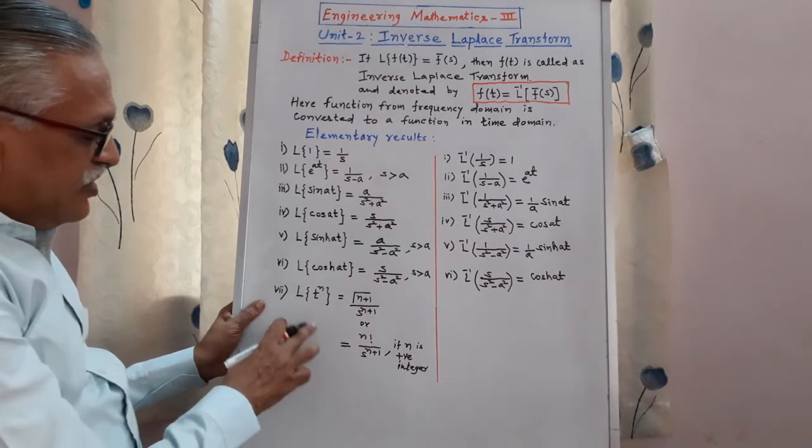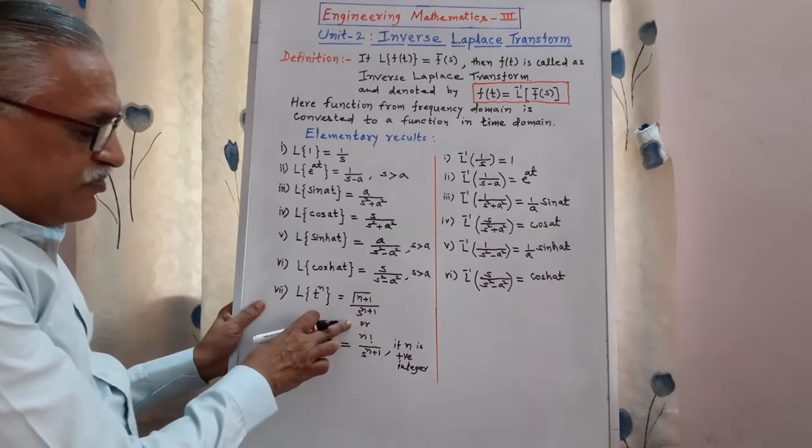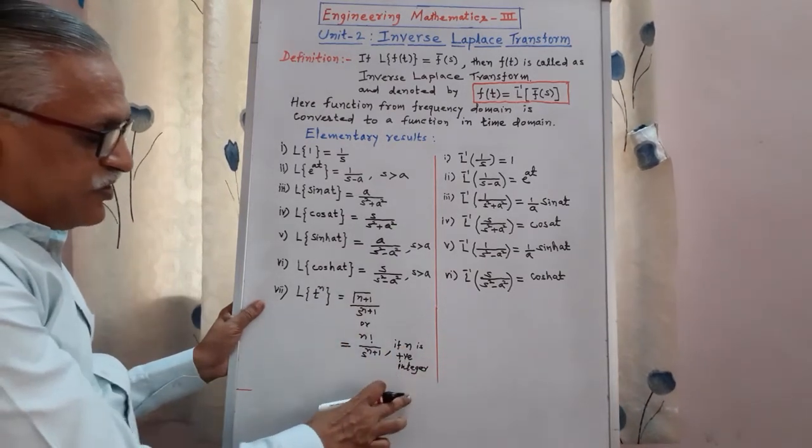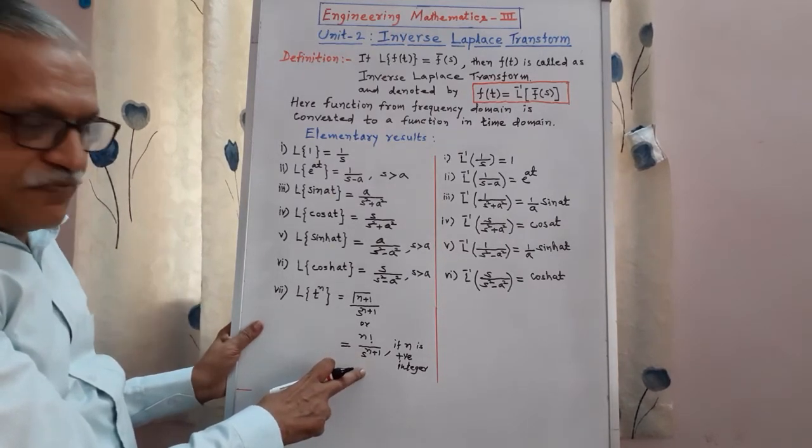We have two results. Laplace of t raised to n is gamma n plus 1 upon s raised to n plus 1, or if n is a positive integer, its value is n factorial divided by s raised to n plus 1.